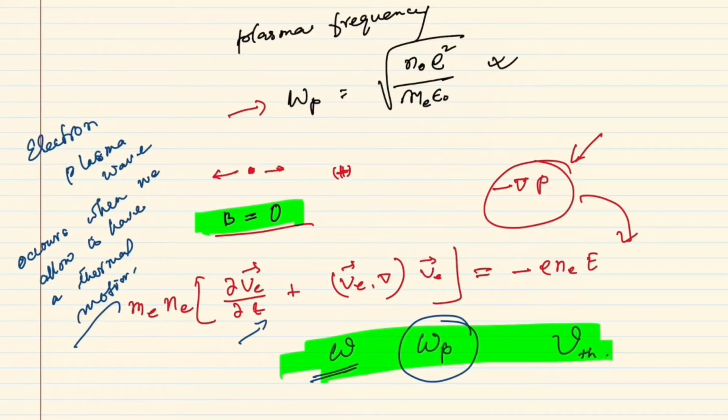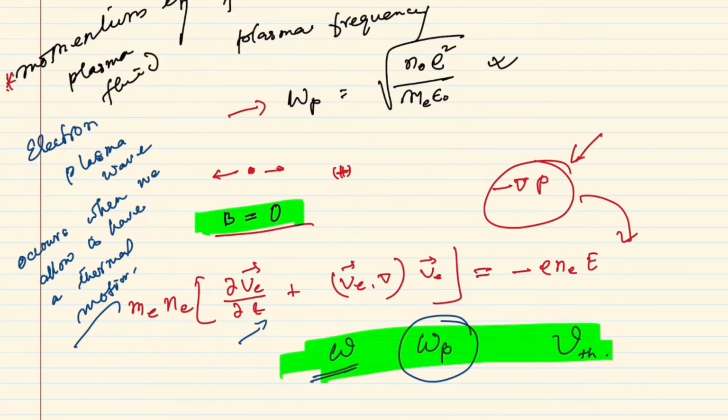To obtain this relation, we need three equations: the momentum equation or equation of motion of fluid plasma, the equation of continuity, and Poisson's equation.